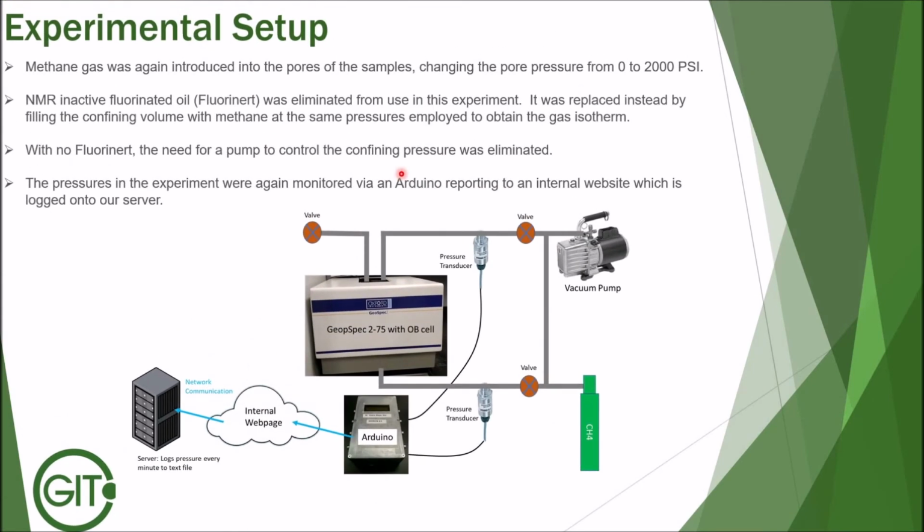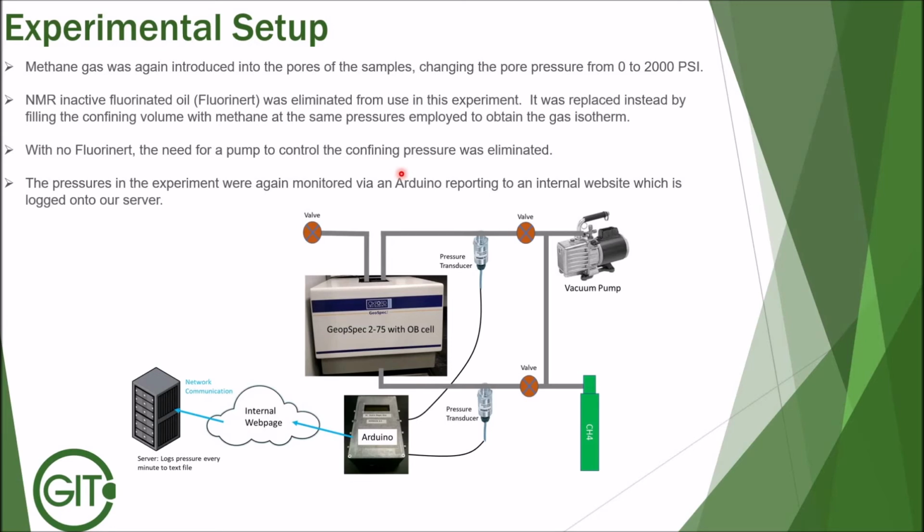So this slide shows the experimental procedure and setup, which was also modified slightly to accommodate the fragmented sample. The methane gas was again introduced into the pores of the sample, changing the pore pressure from 0 to 2000 psi. This time, however, the fluoriner was eliminated from use in the experiment. Instead, it was replaced by filling the confining volume with methane directly at the same pressures employed to obtain the gas isotherm.